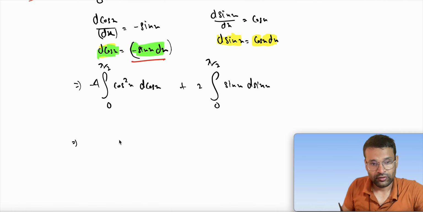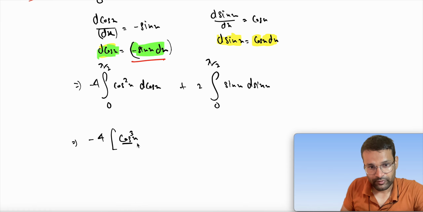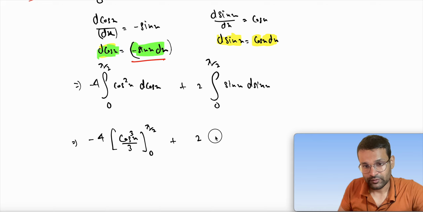Now we solve this one. Minus 4 times cos cube x by 3 from 0 to pi by 2, plus 2 times sin square x by 2, with lower limit 0 and upper limit pi by 2.